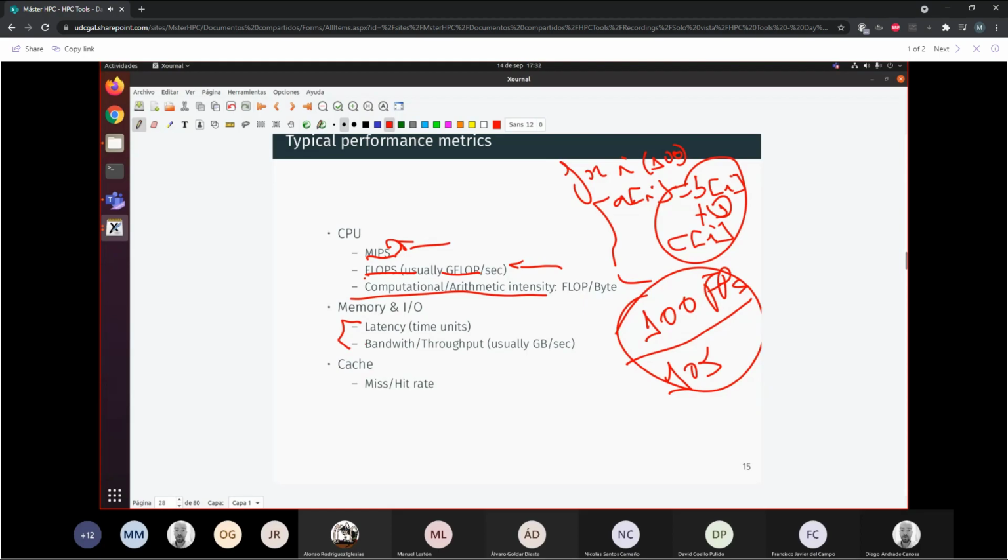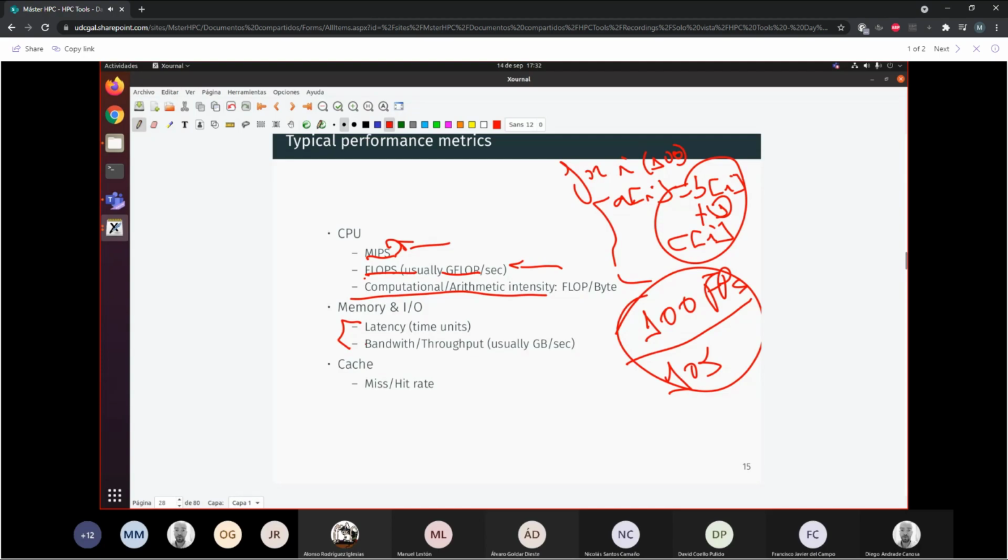Okay, so also regarding the memory, we have two different values that are important. The latency is the time that takes between you load a piece of data and the first element of that piece of data is brought to you. Okay, when we talked about the memory hierarchy, we said that the latency in the topmost levels of the memory hierarchy were nanoseconds.